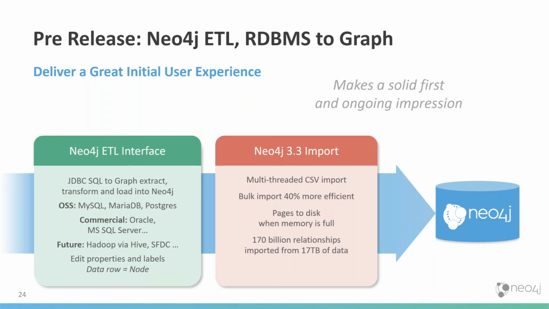So this, of course, has been worked on quite a bit to make importing information much more efficient. It's multi-threaded. It'll page to disk when you run out of memory. And one of our most recent examples of loading information was loading in a financial graph of 170 billion relationships from 17 terabytes of data.